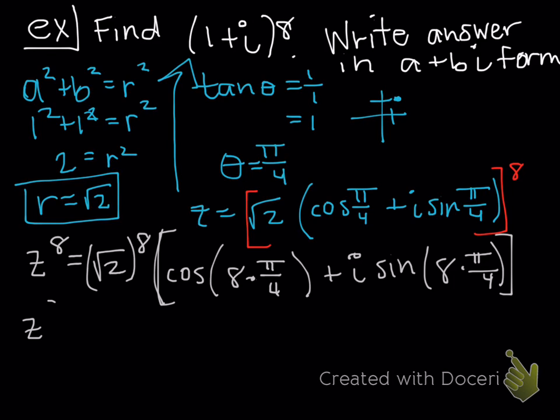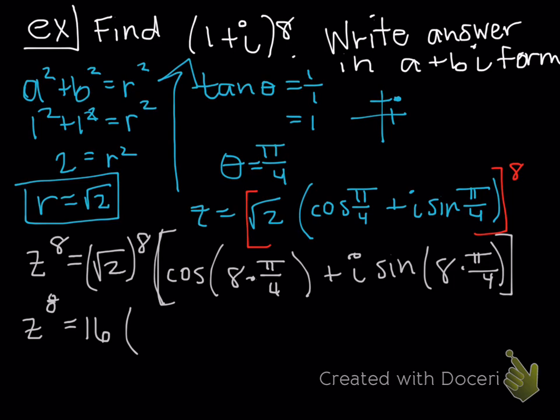And now I need to just kind of do some simplifying here. So root 2 times root 2 would give me 2, and then I have to do that 4 more times. So root 2 to the 8th power is actually going to be 16.